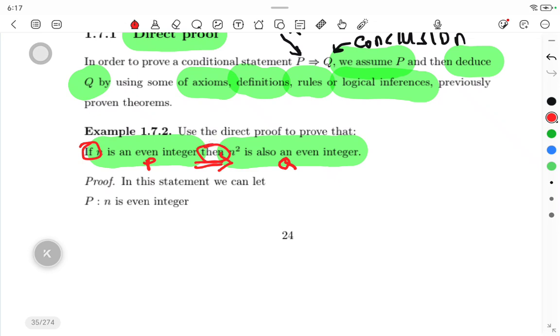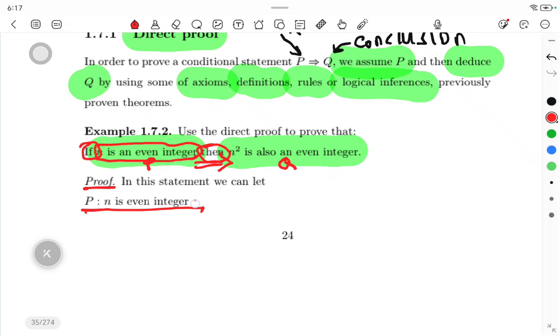And you need to write this. This is very important. Before you prove this statement, you need to write proof. You're going to write proof. Then you say P, you put your P. This is your P, this statement here: n is an even integer.